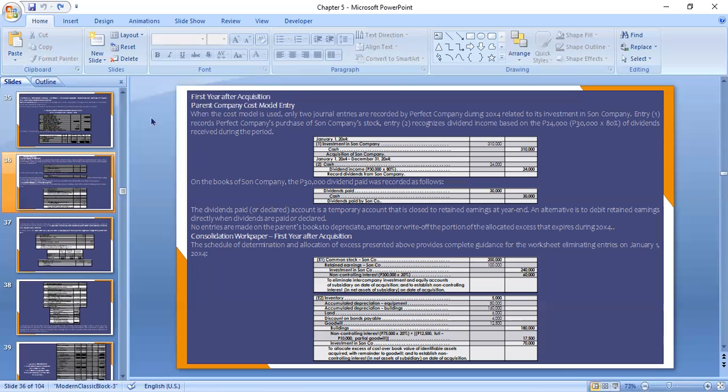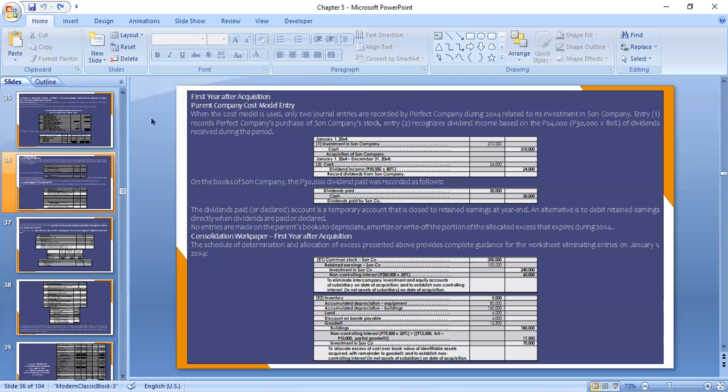For the consolidation work paper, first year of acquisition, the schedule of determination and allocation of excess presented above provides complete guidance for the worksheet eliminating entries on January 1, 20x4.